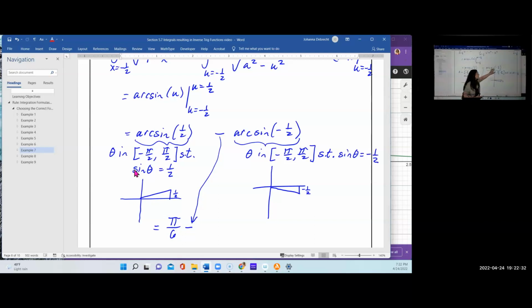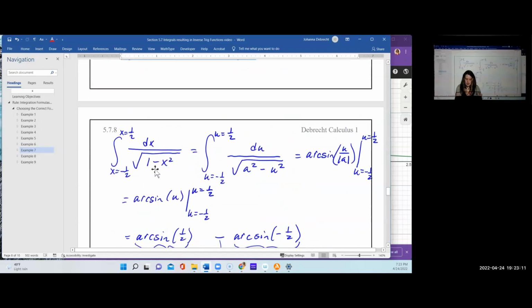Now, the angle whose sine is negative 1/2, that is between negative pi over 2 and pi over 2, is in quadrant 4 moving backwards. That means that this angle right here on this particular triangle is negative pi over 6. That gives me a double negative, which gives me an addition. And that gives me 2 pi over 6, which reduces to pi divided by 3. That's close to 1 square unit of area under the curve.